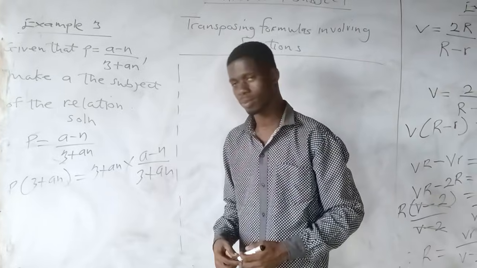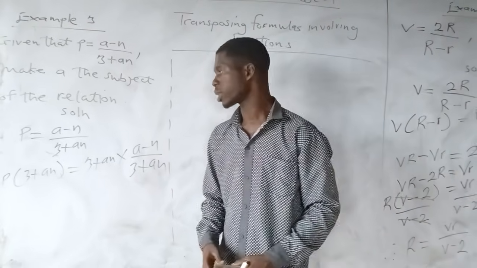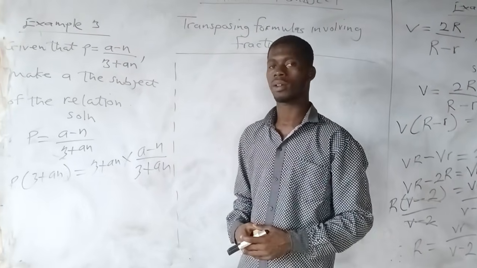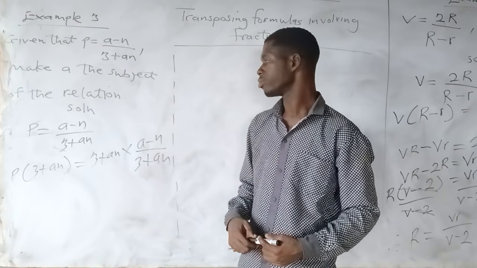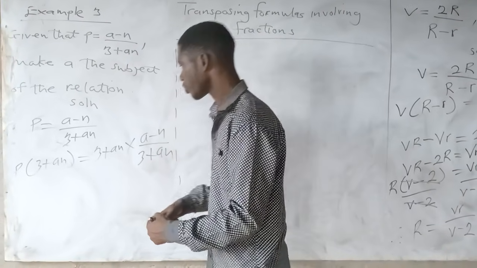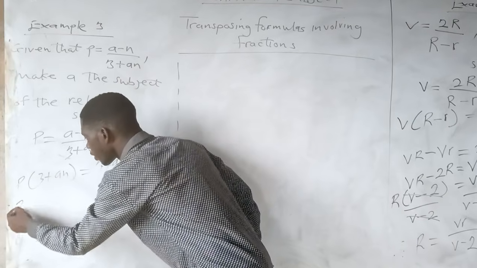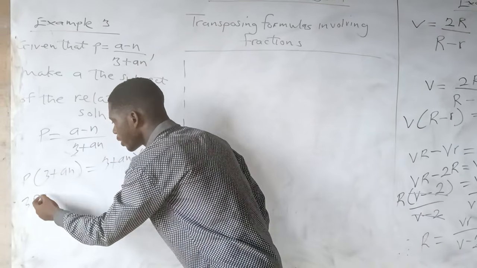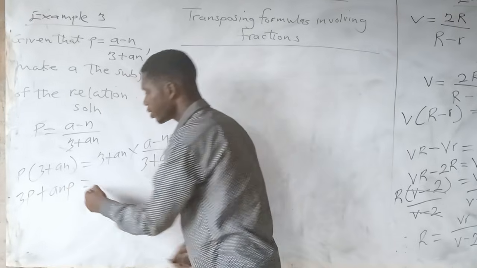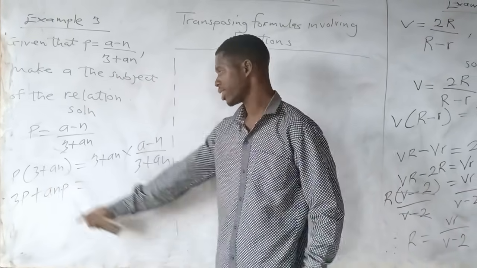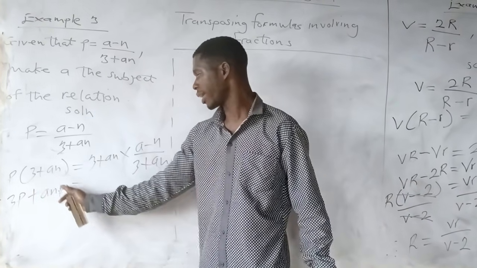So you multiply all of them by the denominator for this one. Now, here you get 3P, you are expanding the bracket, 3P plus ANP.